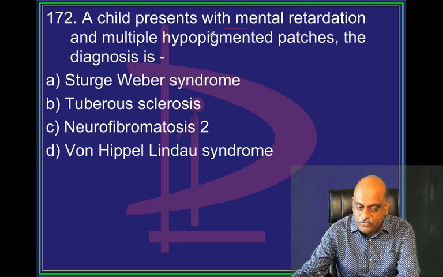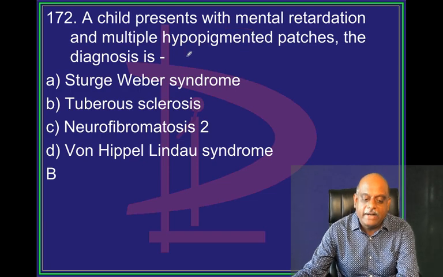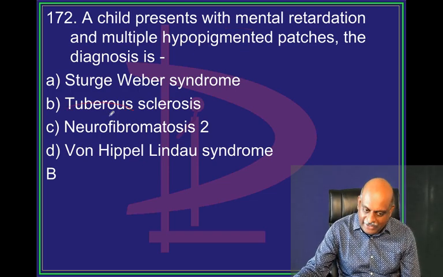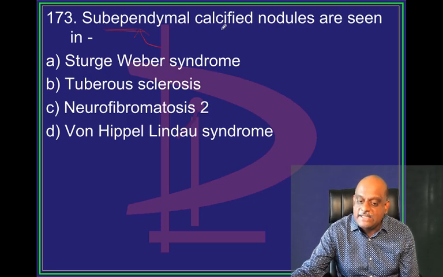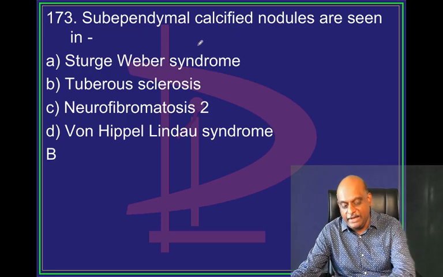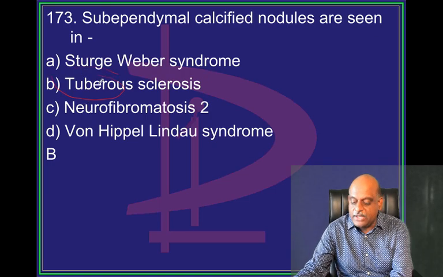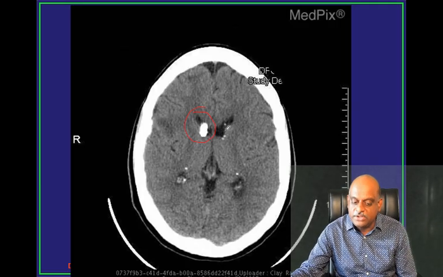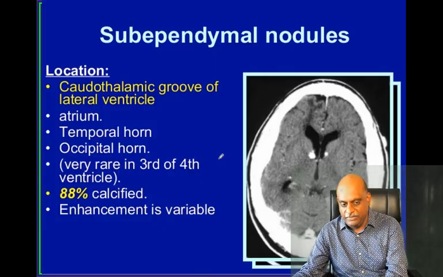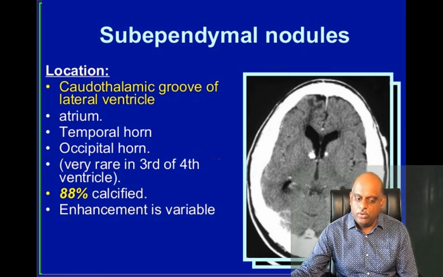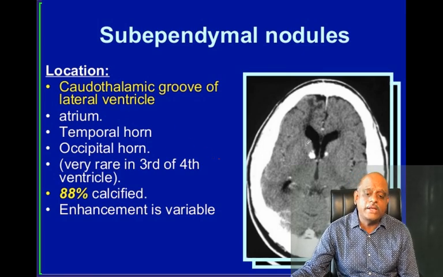A child presents with mental retardation, hypopigmented patches, typically a case of tuberous sclerosis, subependymal calcified nodules. Where do you see? Typically in tuberous sclerosis. So if you take tuberous sclerosis, subependymal calcified nodules are the classical feature in the caudate nucleus and thalamus.